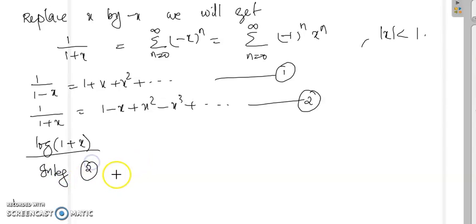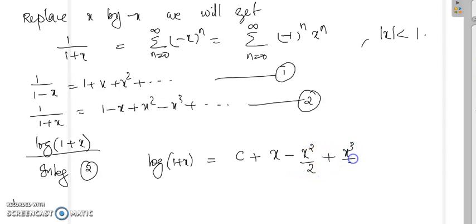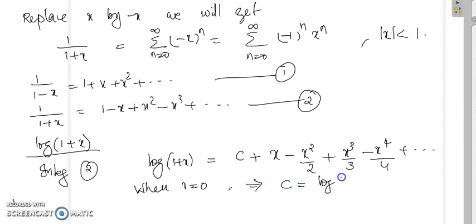Upon integrating 2, you will get log of 1 plus x equal to c plus, integrating here, x minus x square by 2 plus x cube by 3 minus x raised to 4 by 4 plus etc. And when x is equal to 0, that implies c will be equal to log 1, so c is equal to 0.